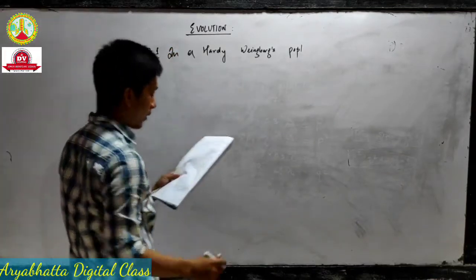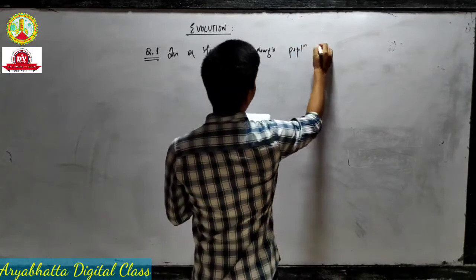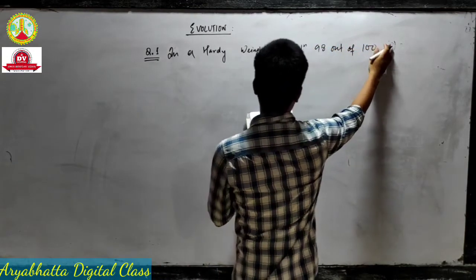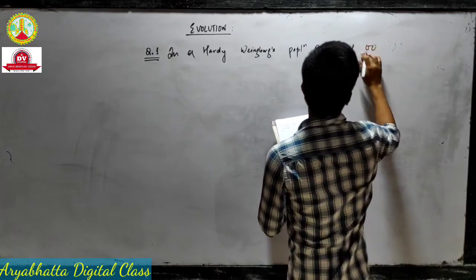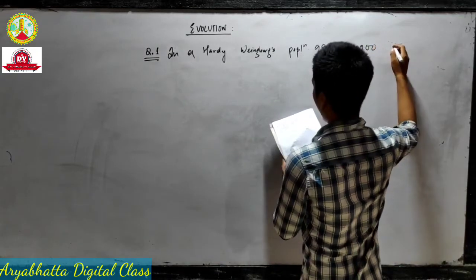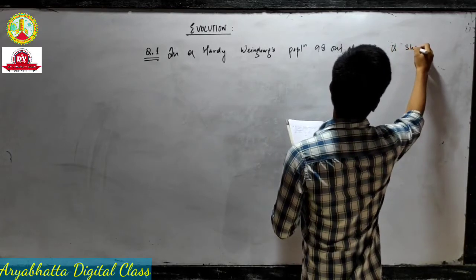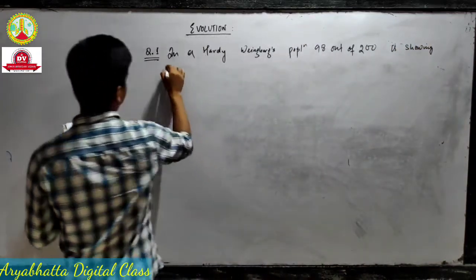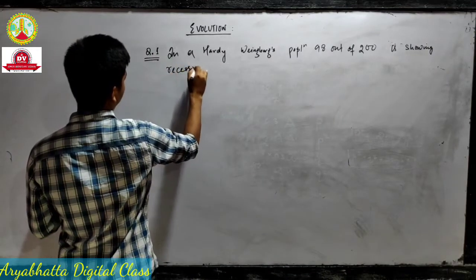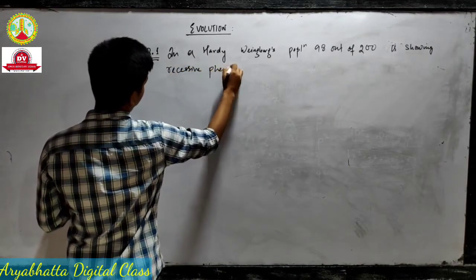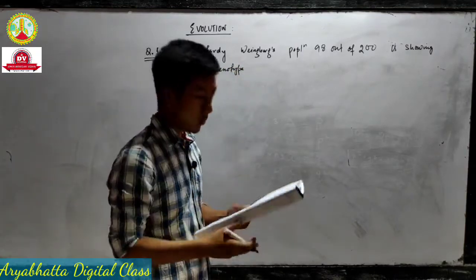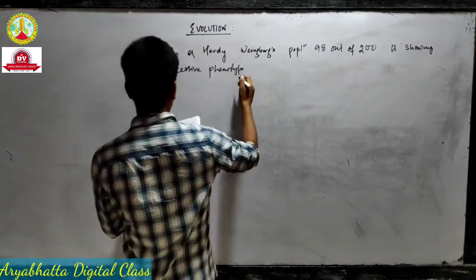In a Hardy-Weinberg population, 98 out of 200 are showing the recessive phenotype. This kind of problem is going to help you from an entrance exam point of view.